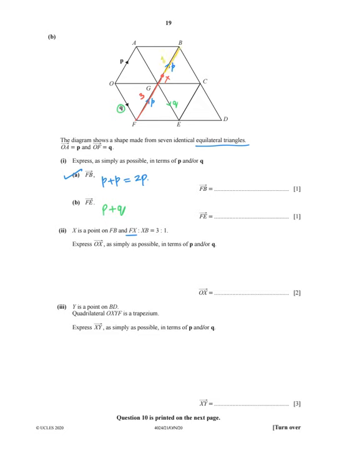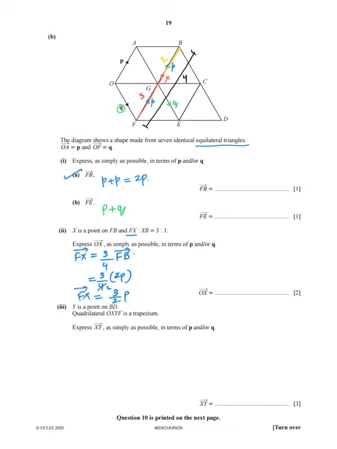The total ratio is obviously 4. So I can say FX is 3/4 of the vector FB. FB we found in the first part, that is 2P. So it equals 3/4 of 2P. If you simplify it, that is 3P over 2, and it is your FX.